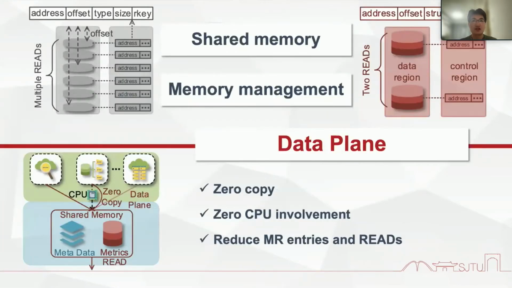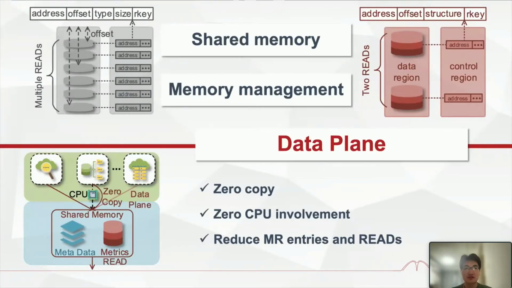Next is the data plane. At the data plane, Zero extensively adopts shared memory to avoid any CPU involvement for memory copy. Besides, we also observe that the metrics are distributed non-continuously in the memory space of the kernel or application.